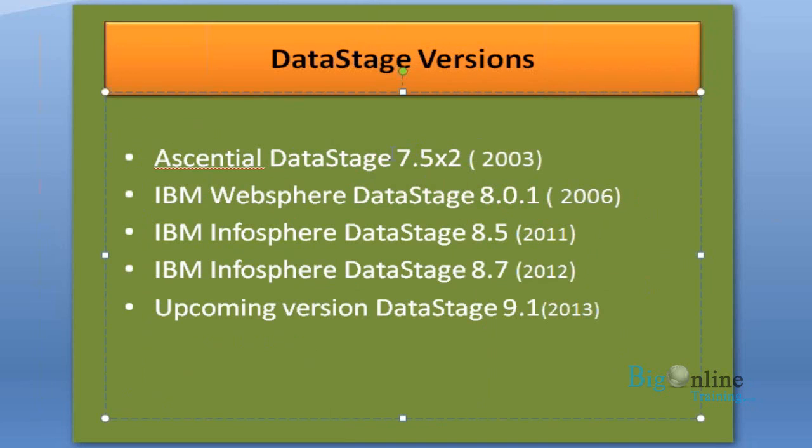In 7.5 version, there is no concept of parallel job, only server job functionality. After 7.5, another version is called 8.1. In 8.1, we have the parallel job options.